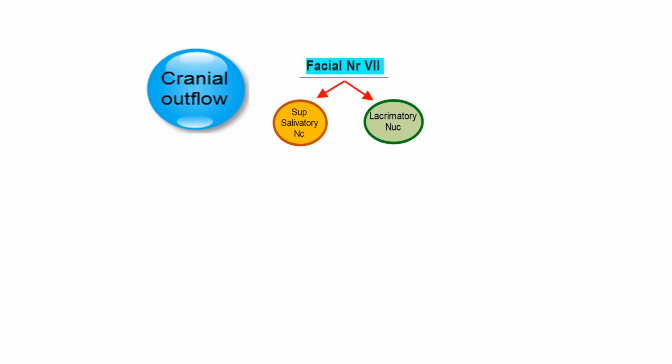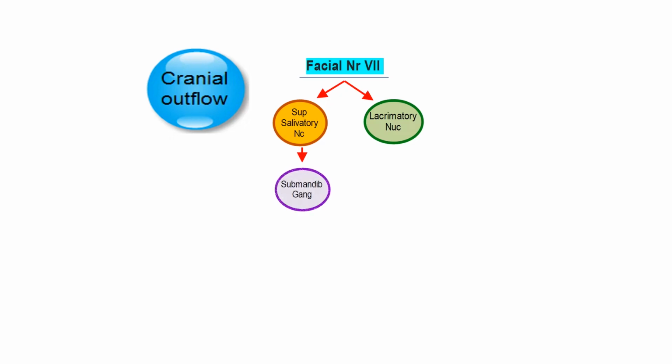The second part of the cranial outflow is the facial nerve. The facial nerve has two nuclei, superior salivatory nucleus and lacrimatory nucleus.